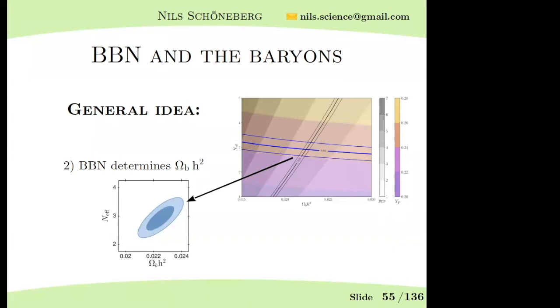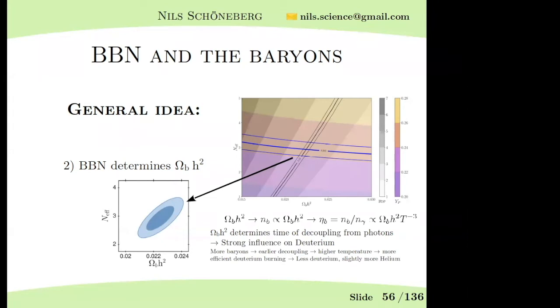Very importantly, this is why I'm showing this, the abundance of baryons is basically fixed by the measurement of the deuterium, which is currently assumed to be very accurate. And the measurement of the helium is basically just there to constrain the number of extra relativistic degrees of freedom. So that's an important thing to keep in mind.